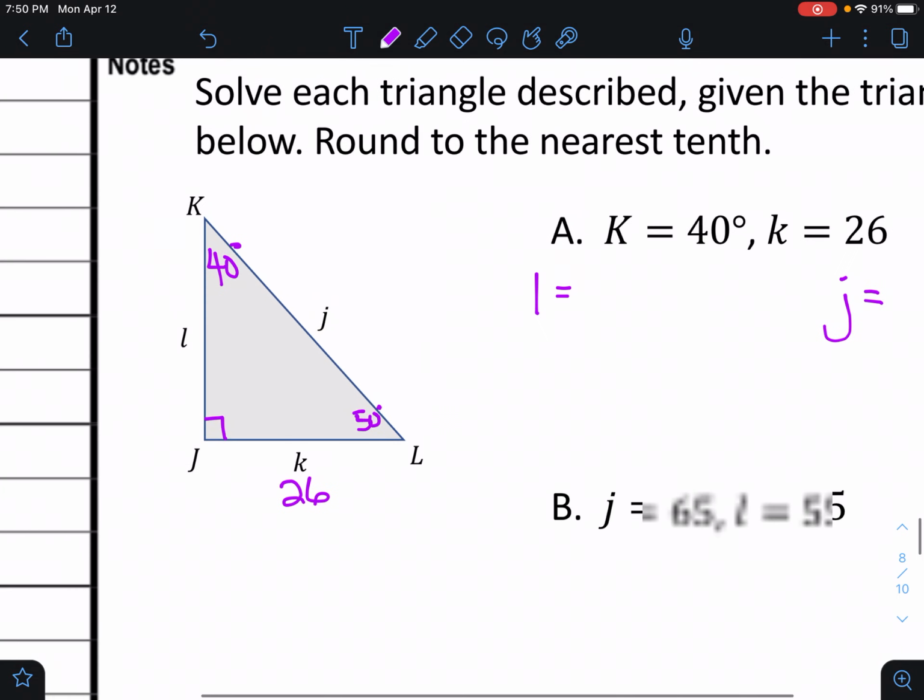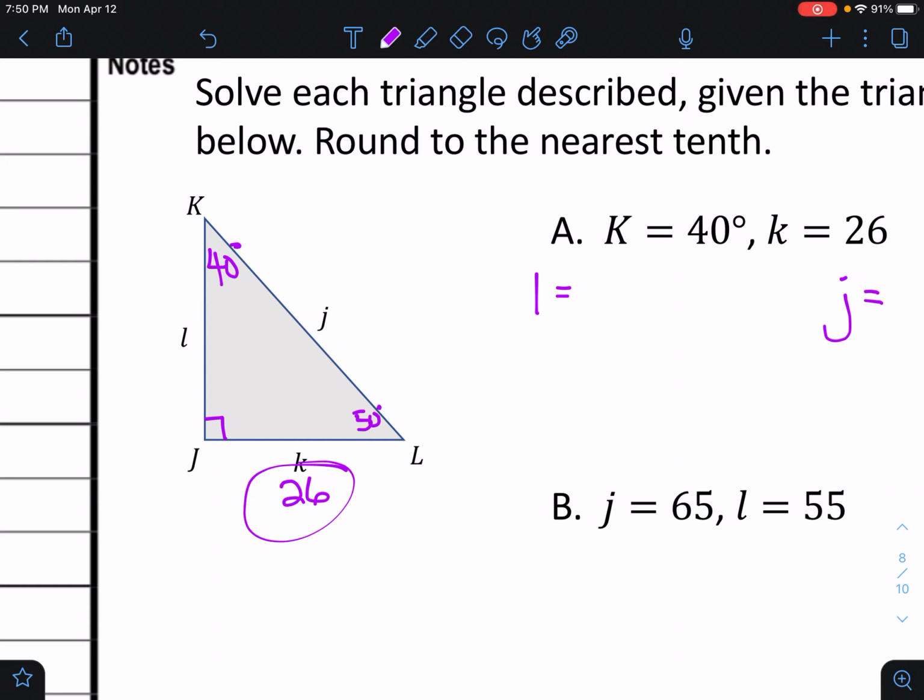Okay, side L. I'm going to stick with using K here. If I'm trying to find a side, I'm going to have to use a regular trig function. To find L, I have the opposite side, and this would be the adjacent side. So this would be tangent from K.